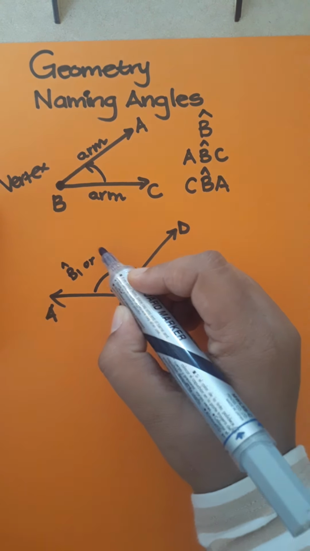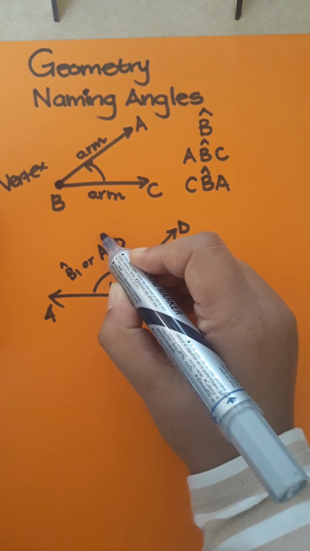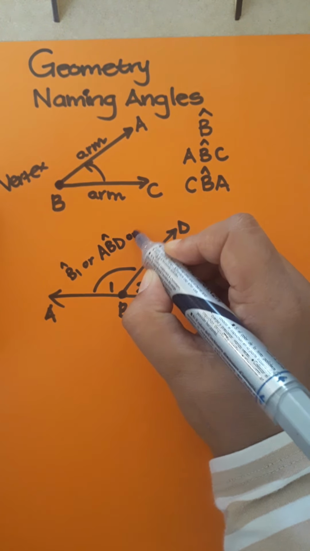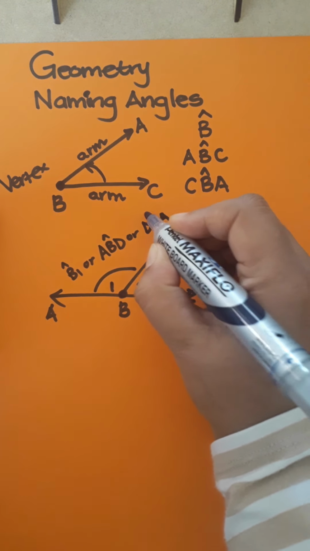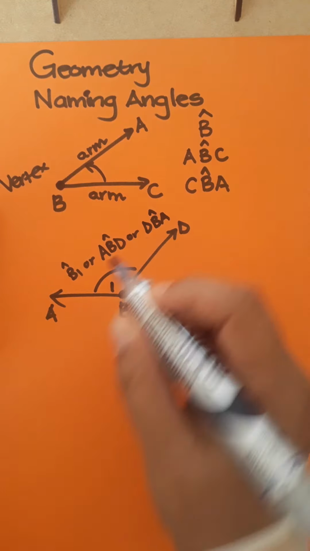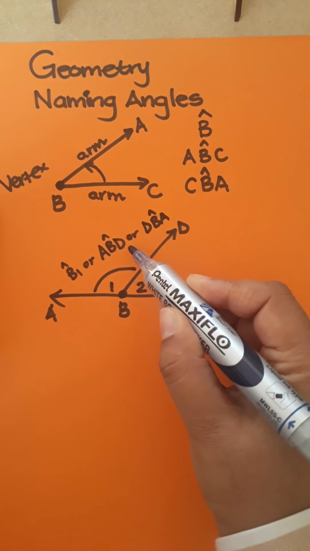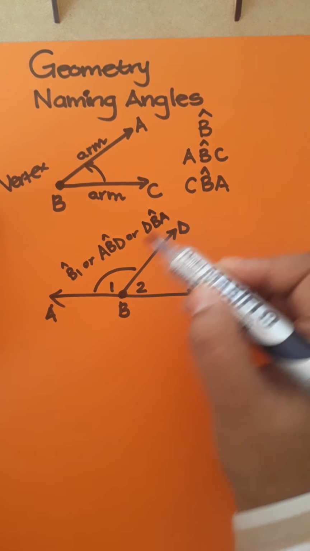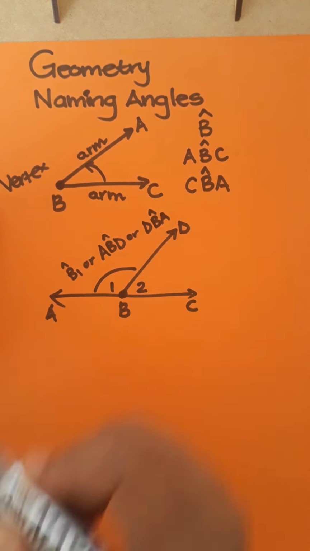So I need to call it ABD, or it can be called DBA. So any of those, angle B1, angle ABD, or DBA can be this angle.